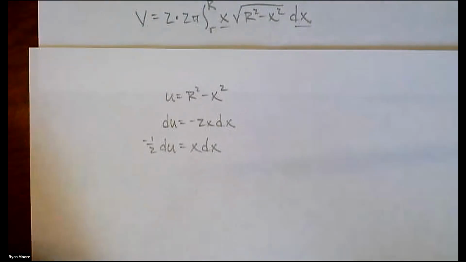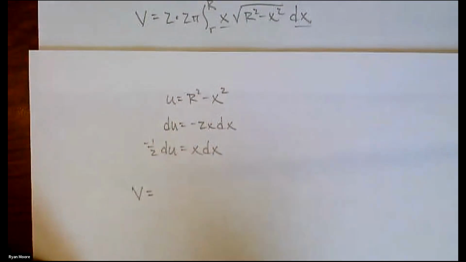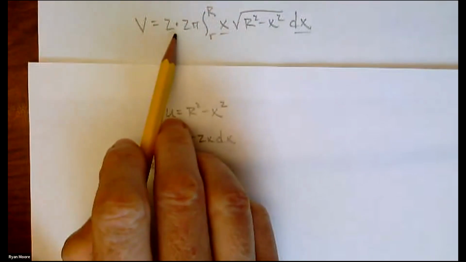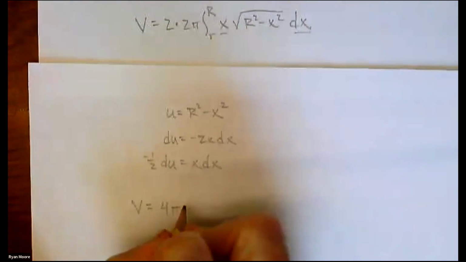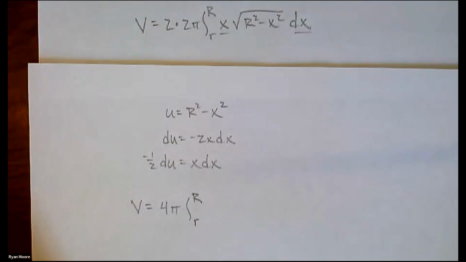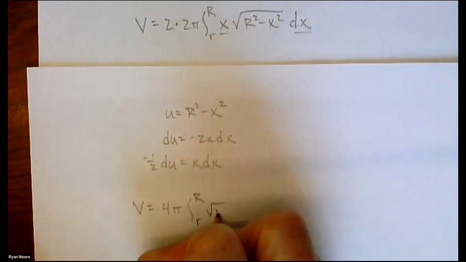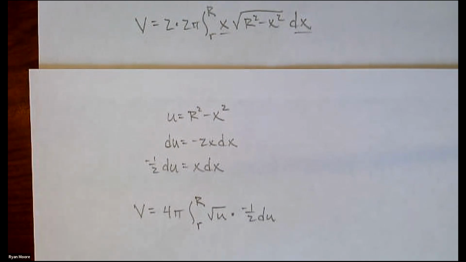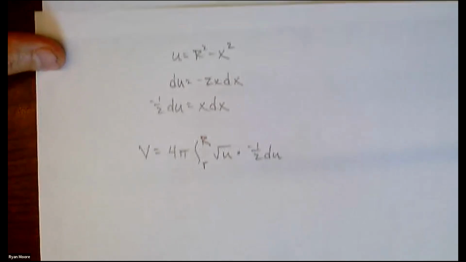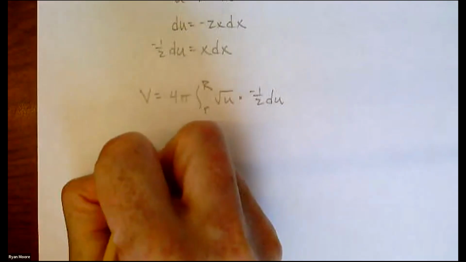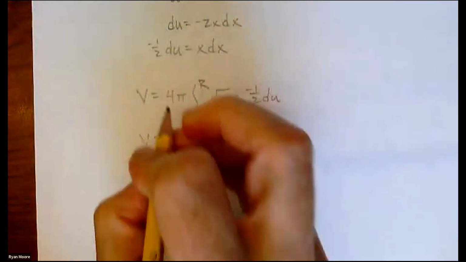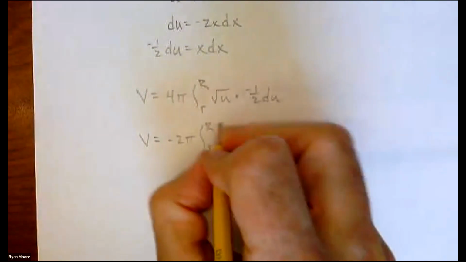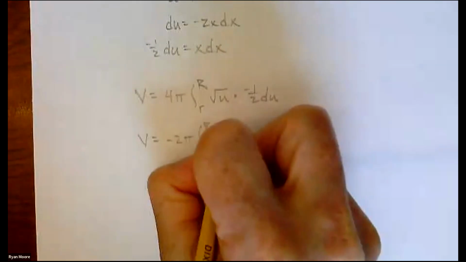So the new integral will be, let's write that as 4 pi, integral from little r to big R of square root of u times negative 1/2 du, which takes care of the x dx. And there's our substitution. From there, I can move the negative 1/2 all the way out, making it negative 2 pi, integral from little r to big R, and I'll think of square root u as u to the 1/2.